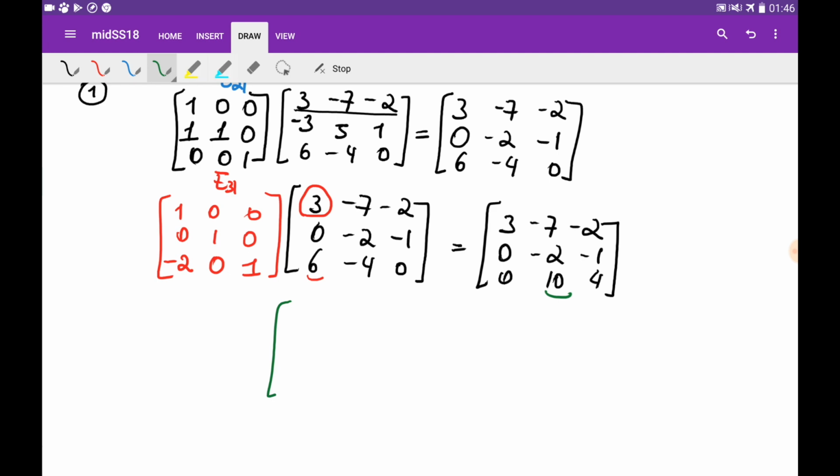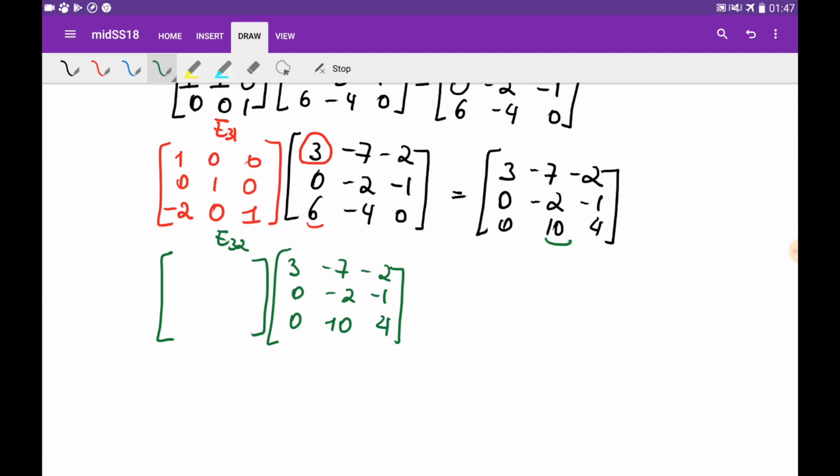So we can do this by multiplying the matrix by the elimination matrix E32. I need to use this pivot now in order to eliminate this. If we multiply the second row by 5 and add this to the last row, we're going to eliminate this 10.